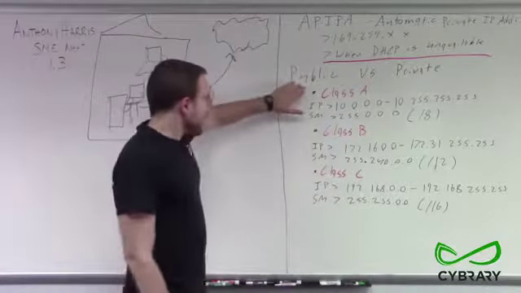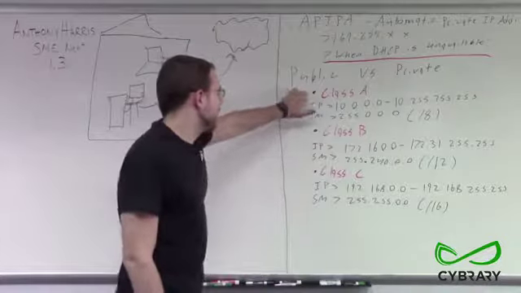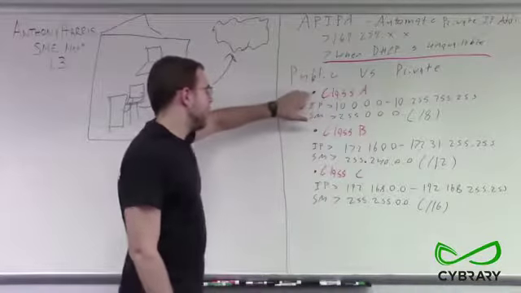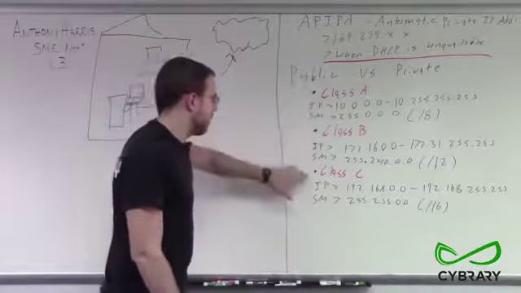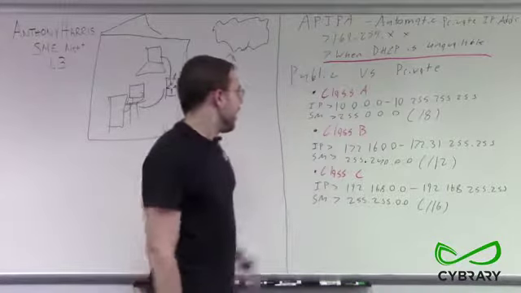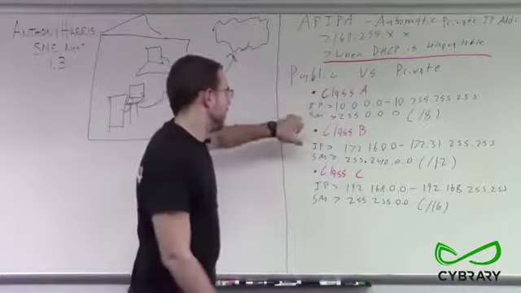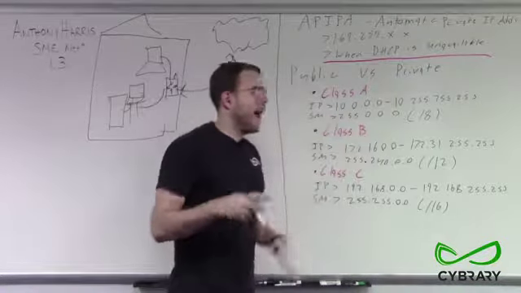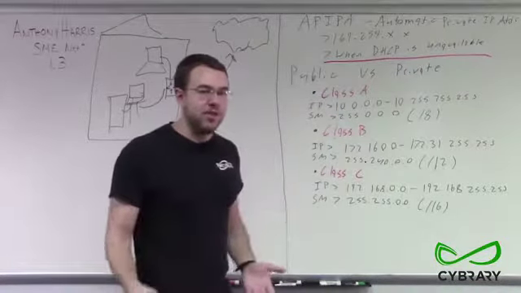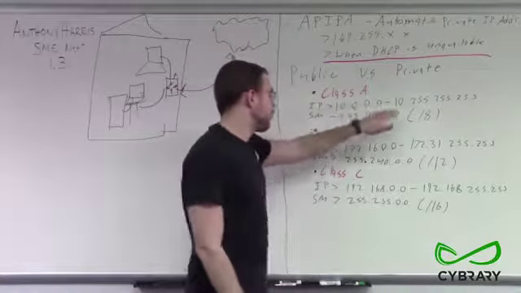So our private address classes, we're going to take from our Class A, Class B, and Class C, and we're going to go over our private address ranges and talk about the subnet mask that they use, the CIDR notation that they use in order to get these ranges.